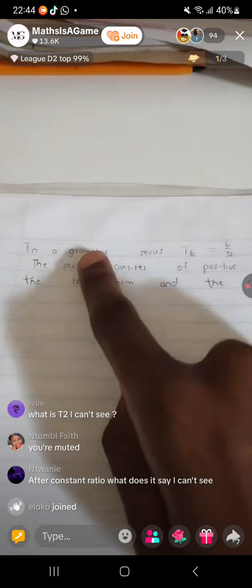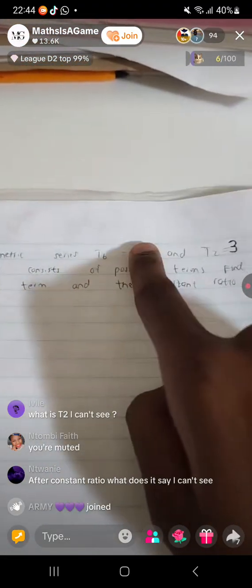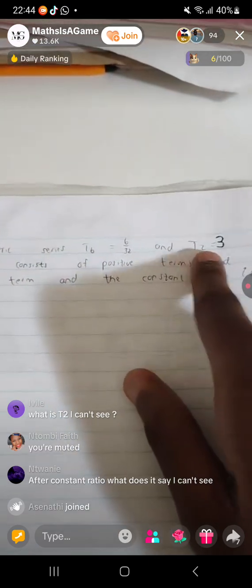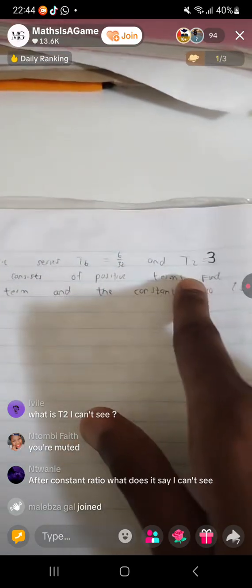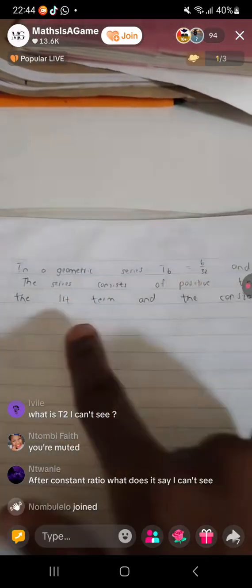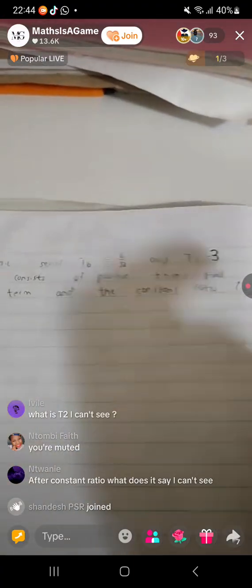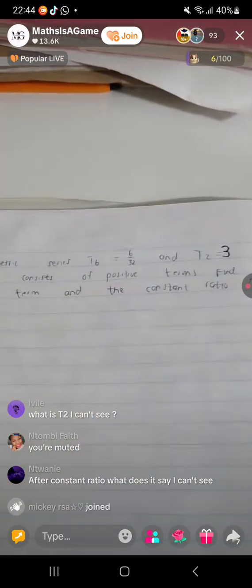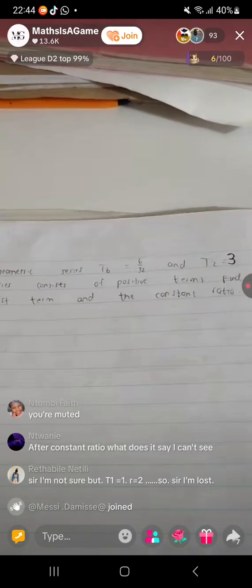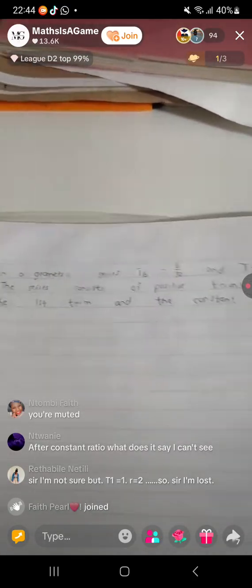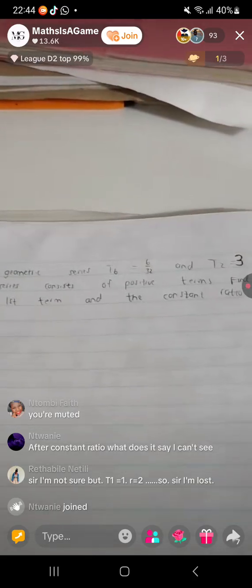Guys, that's all. So in a geometric series, T6 is equal to 6 over 32. T2 is equal to 3. The series consists of positive terms. All they want is to find the first term and the constant ratio.